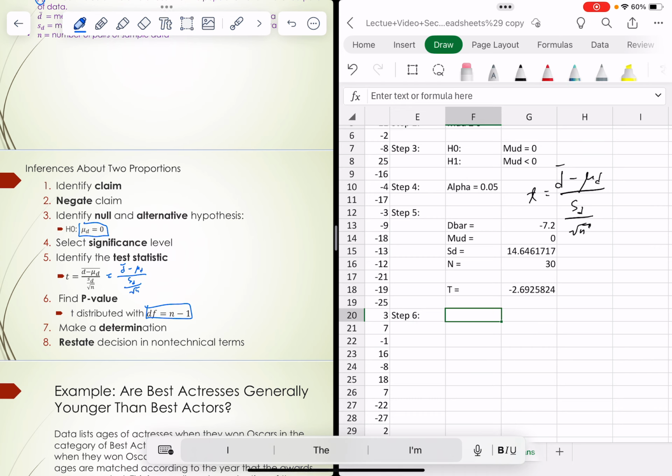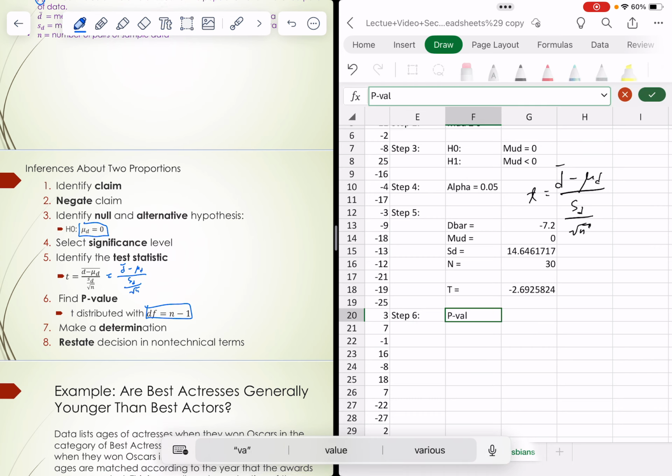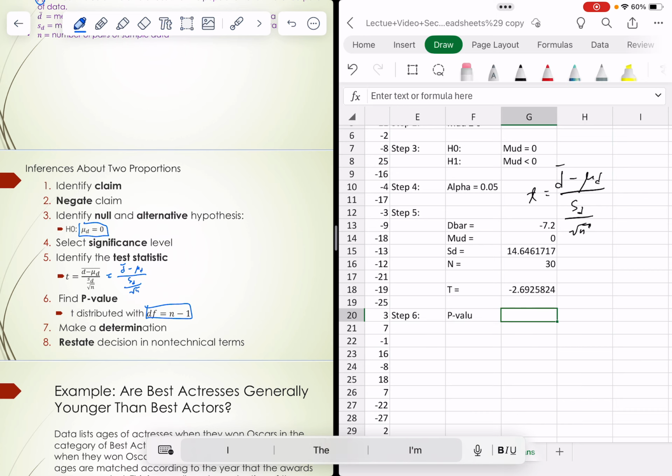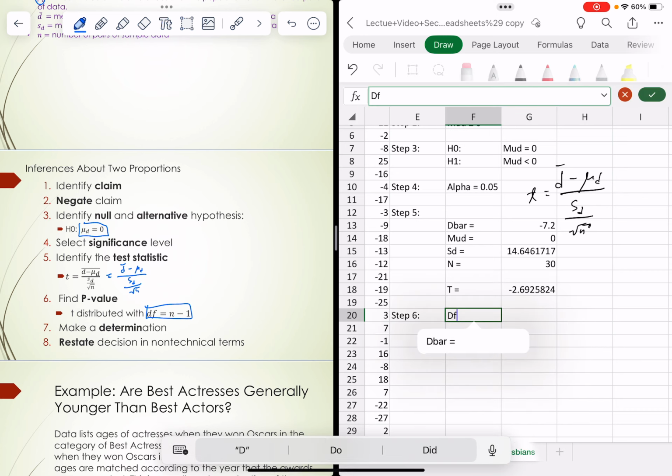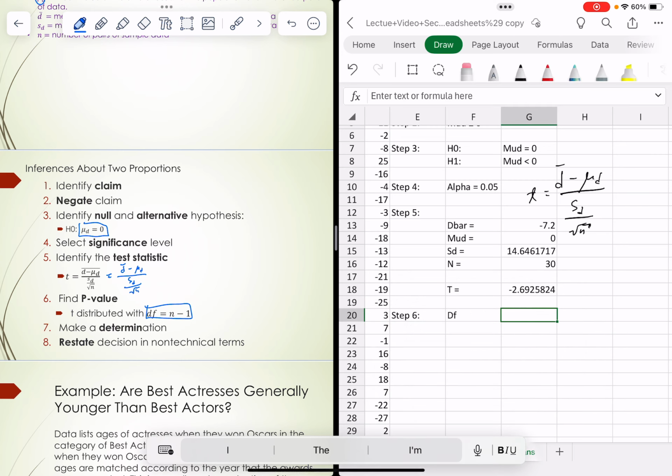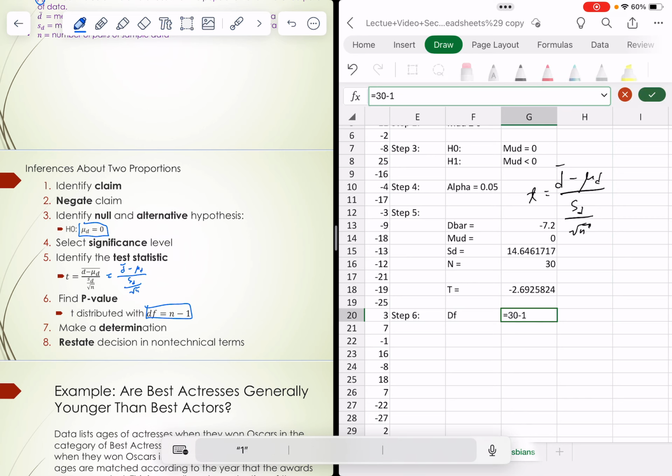So step 6 is p-value now. I better get degrees of freedom, and that's going to be 30 minus 1. So let's do equals 30 minus 1. Okay, now I'm ready for my p-value. Is this a two-tailed test? No, it is a left-tailed test.